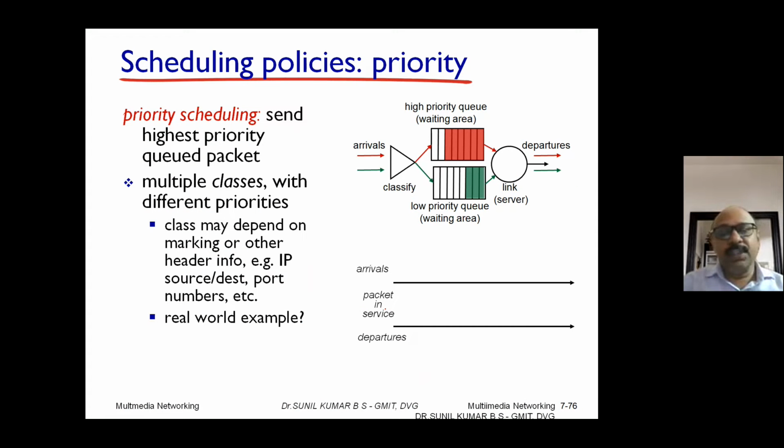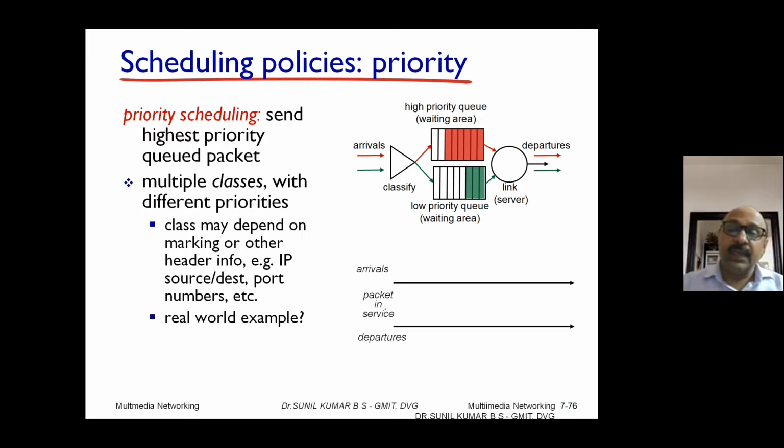Now, due to first in first out, there might not be a priority given to some of the applications. All packets are treated equally, but that is not the true scenario in the practical case. There might be a real-time application which requires faster delivery of packets.